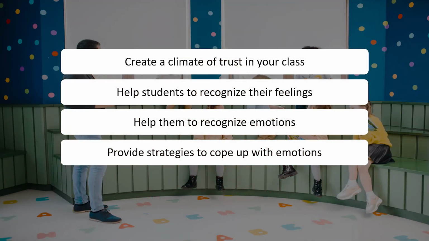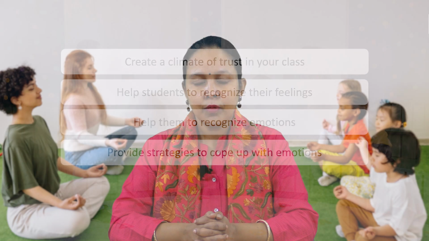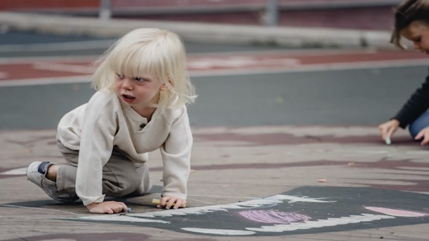Then as a teacher, you must ensure that you give them a lot of strategies to cope up with their emotions, because emotions are very different. If you talk about a small child, a pre-primary child, to a secondary child. A pre-primary child may show a tantrum, he may not concentrate in the class, and he may feel that it is okay to make noise in the class, and sometimes they are too overjoyous.